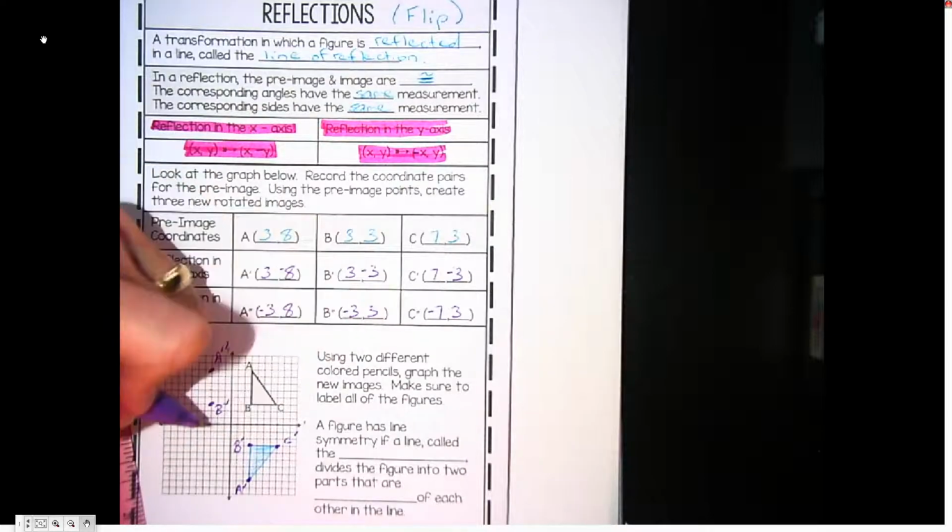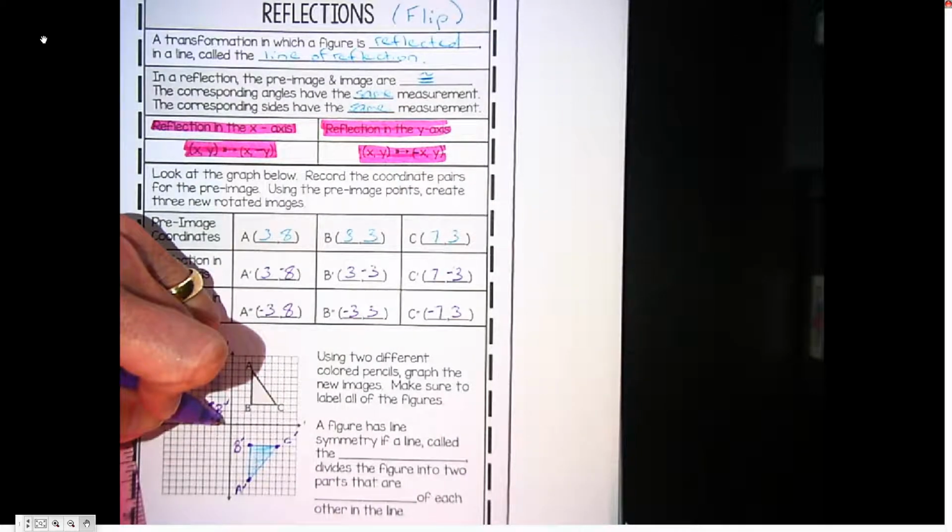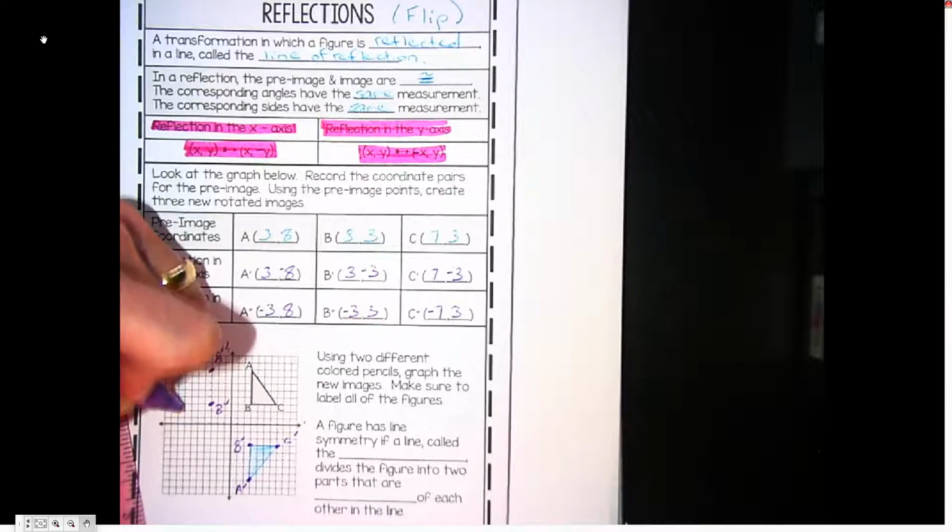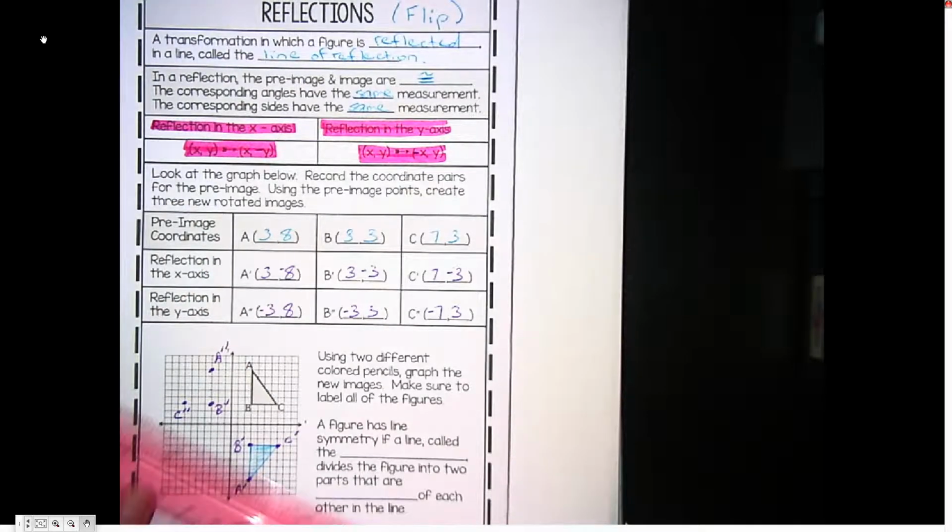And my C is going to be at negative 7, 3. So 1, 2, 3, 4, 5, 6, 7, up 1, 2, 3. C prime prime. Okay, so there's my points.